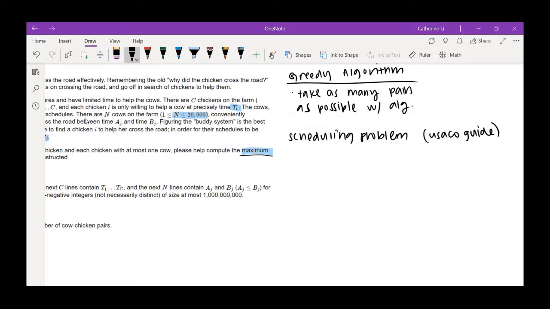Basically the problem is we have N events. You've probably noticed that they use N for pretty much all of the problems to signify some variable. We have N events, and each of them has a start and end time.